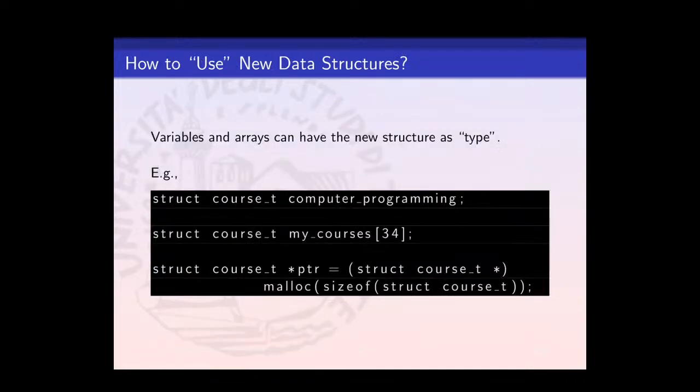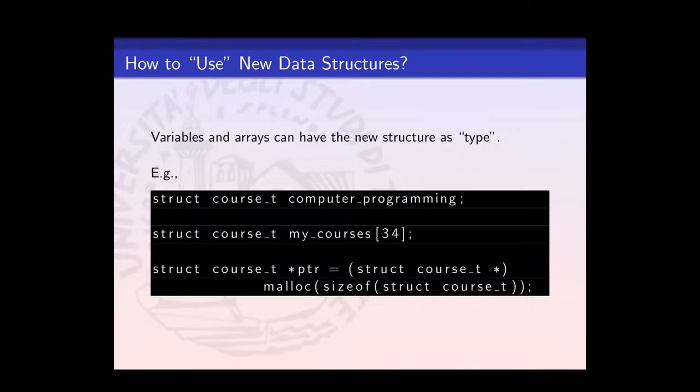Okay. So how can we use then this new data type we have just defined by using the struct syntax? Well, we can use it just as if it was a standard data type. So just like integer, just like character, and so on and so forth. So the idea is that you can define variables of course_t. We have just defined the structure course_t. To declare a variable of the type course_t, we have to write struct course_t and the name of the variable we want to deal with.